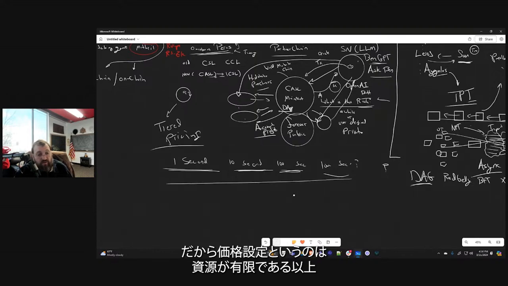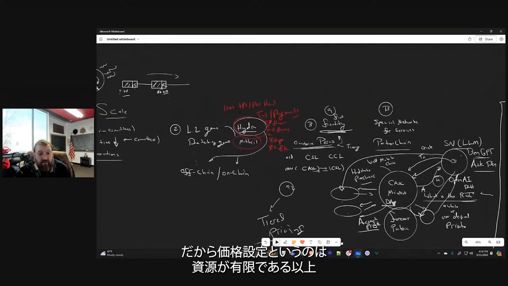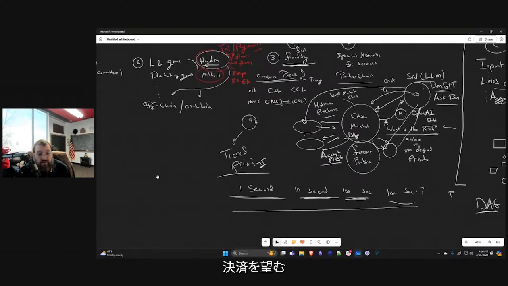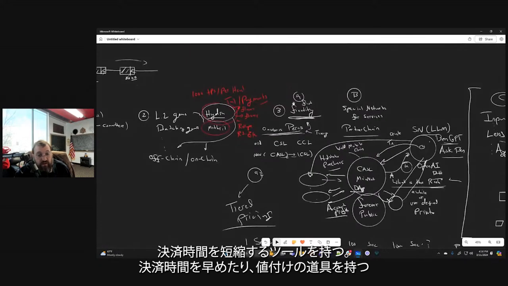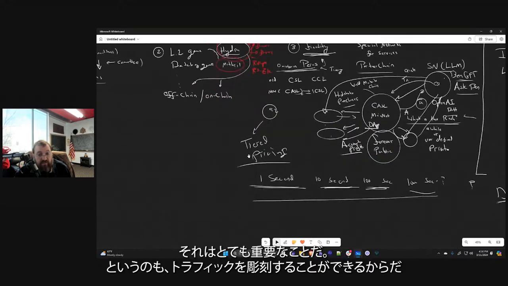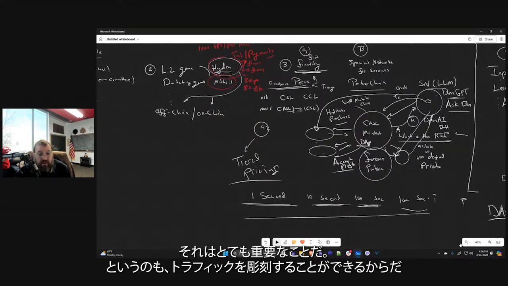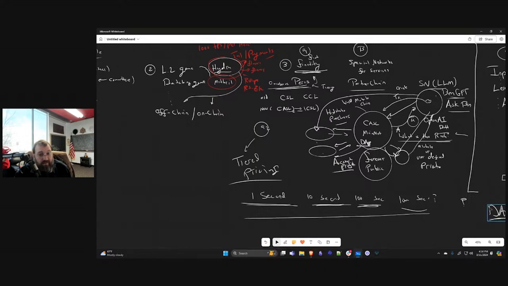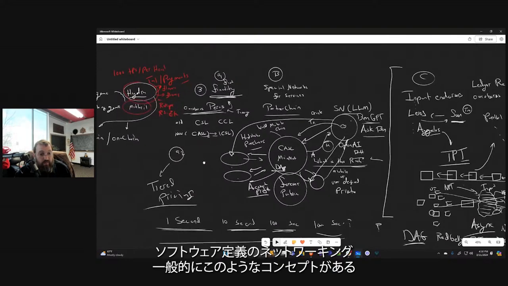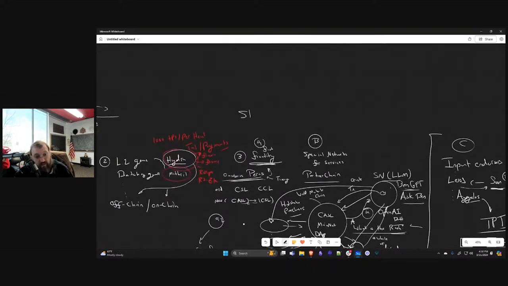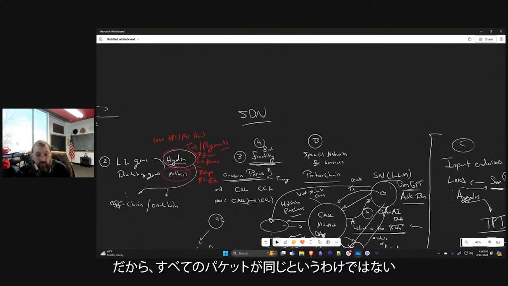So pricing should work differently with a finite resource based upon the settlement desire. Having tools to accelerate your settlement time and tools to price it is very important because you get sculpting of traffic, just like packet prioritization in networks. You have something called quality of service. Software-defined networking typically has this concept. So not all packets are equal.